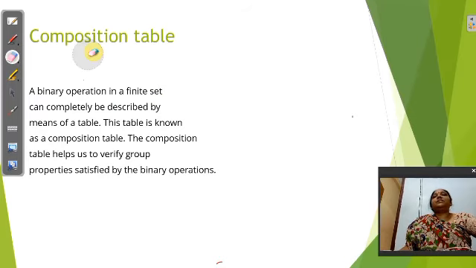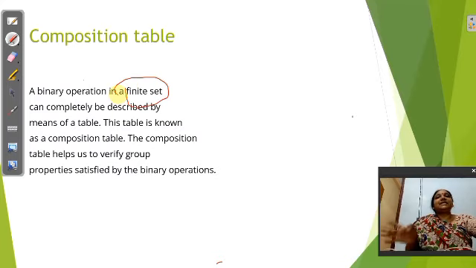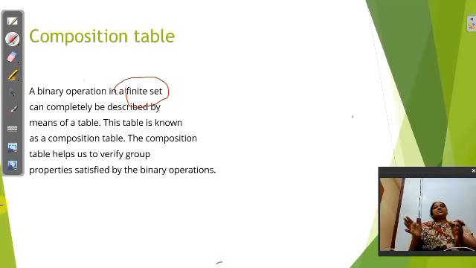How is the composition table used? It is used to check whether the given finite set satisfies the group conditions under the given operation.